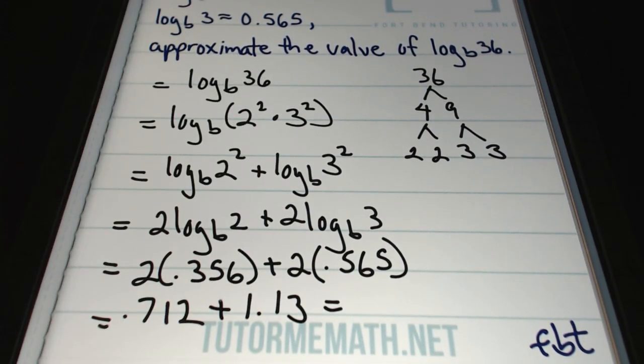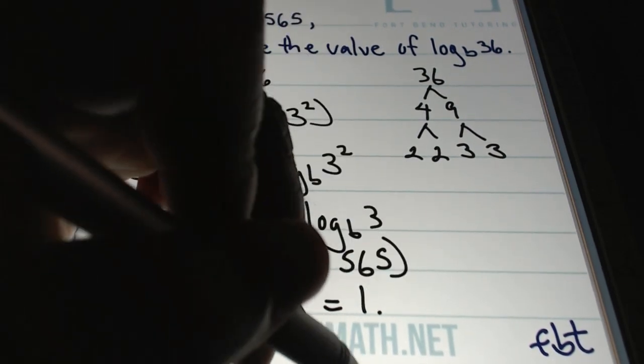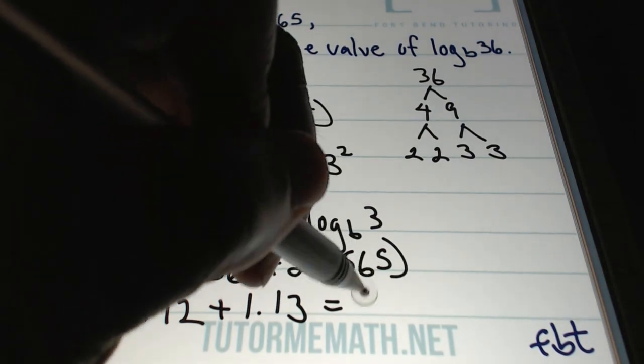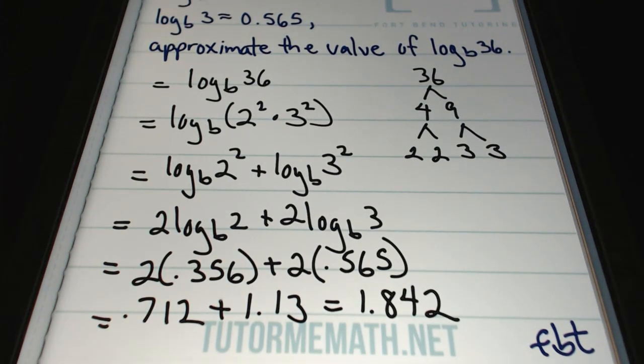And then finally, adding those two values together, you'll have the 1 and 13 hundredths plus the 712 thousandths, and end up with, let me fix it, 1 and 842 thousandths.